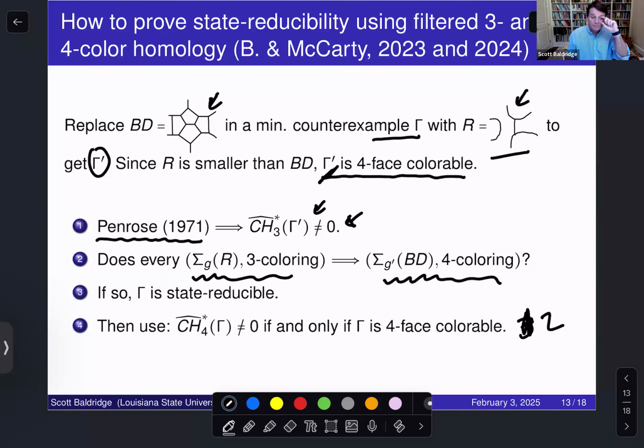In other words, any minimal counterexample, if there really was a minimal counterexample to the 4-color theorem, then our homology has to vanish completely. So if I can show that it doesn't vanish, boom, that means that the original graph could be 4-face colored. So once again, you should be thinking, oh wow, we've got way more states to play with than even Birkhoff did.